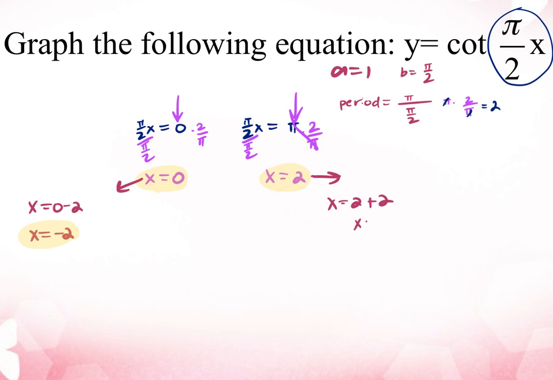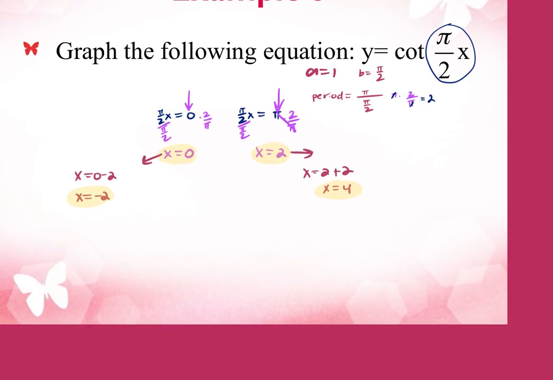And I get positive 4 on the right. That's my last asymptote, the last one we graph. So negative 2, 0, 2, 4 are your asymptotes.